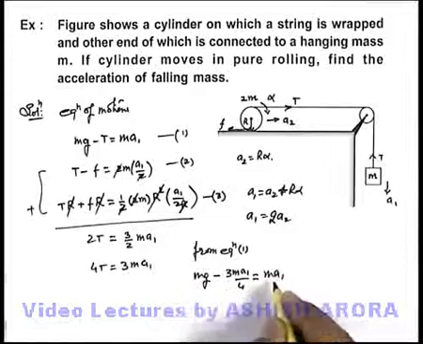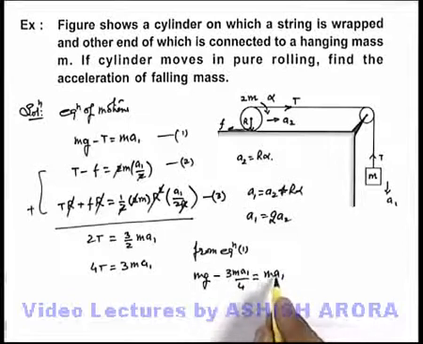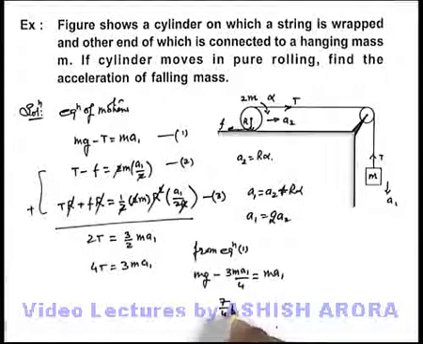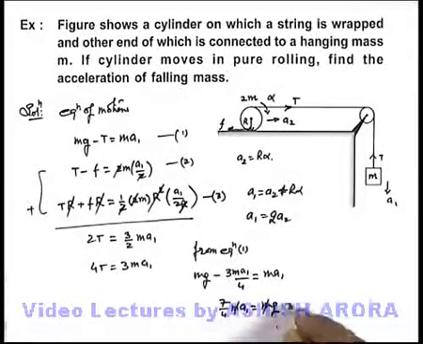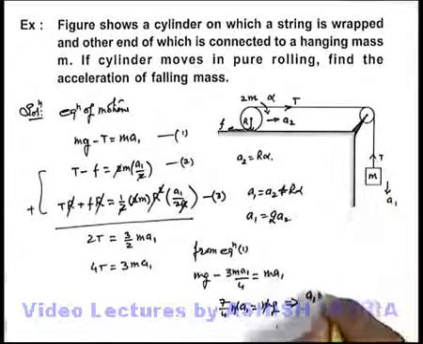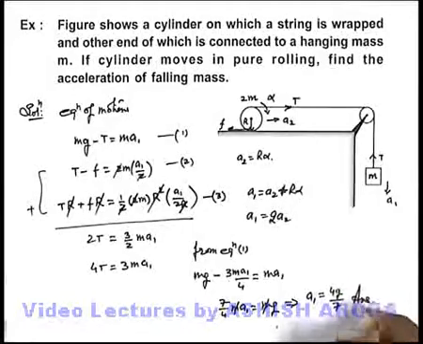So, on solving this equation, you just take this term on the right side of equality, it will be 3 by 4 plus 1. It is 7 by 4 m a1 is equal to mg. Here m we can cancel, and solving this we get the value of acceleration a1, which is that of the falling mass, is 4g by 7. That will be the answer to this problem.